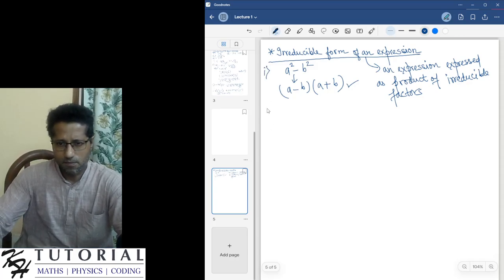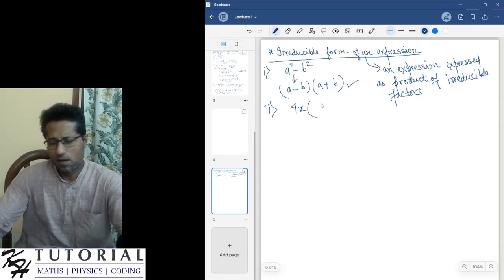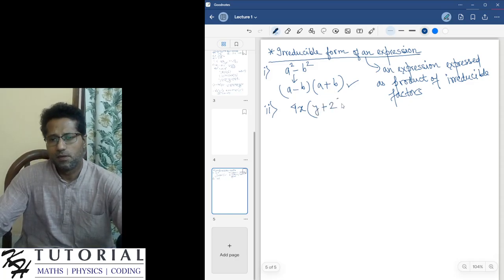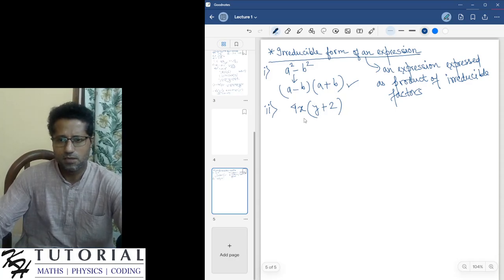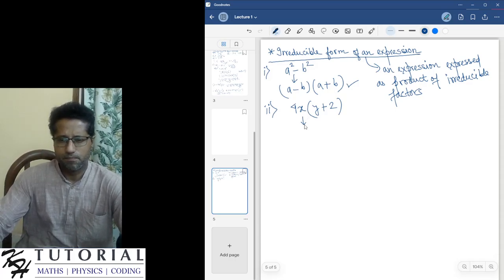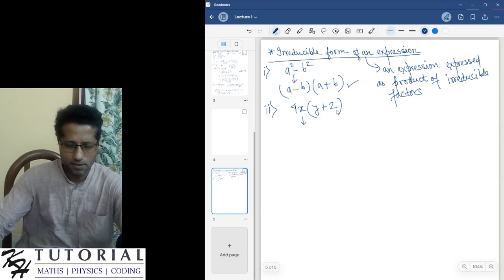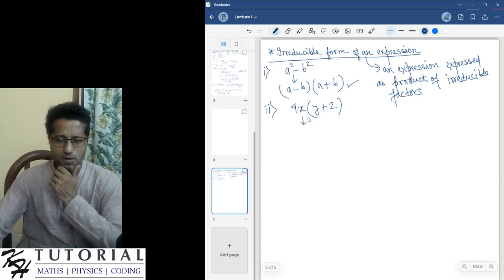Let's take another example. Let's say 4x multiplied by y plus 2. Is this algebraic expression in irreducible form? No, because the factor y plus 2 is an irreducible factor, that is fine, but 4x is not an irreducible factor.